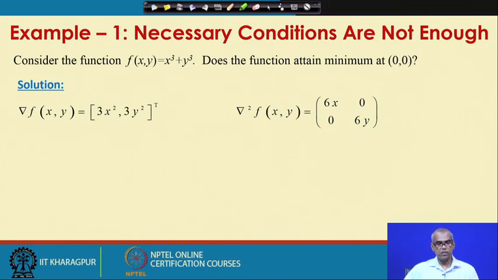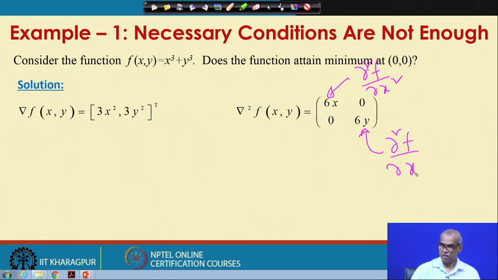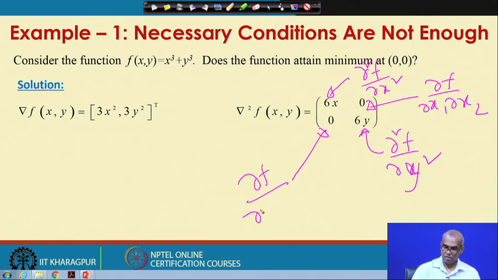So, let us first take the gradient: 3x square, 3y square, these are the components of the gradient. Let us take the Hessian. So, to take the Hessian, this is del square f del x square, this is del square f del y square, this is del square f del x1 del x2 and this is del square f del x2 del x1.